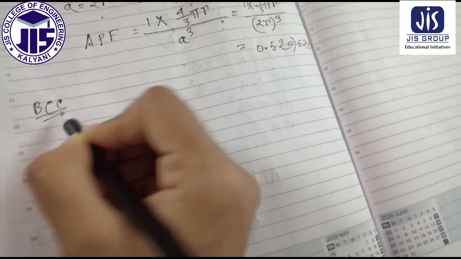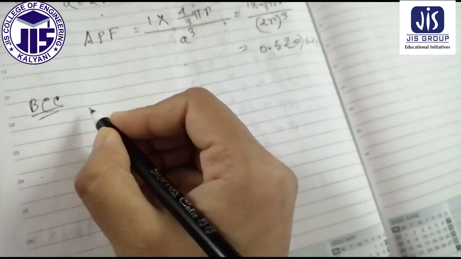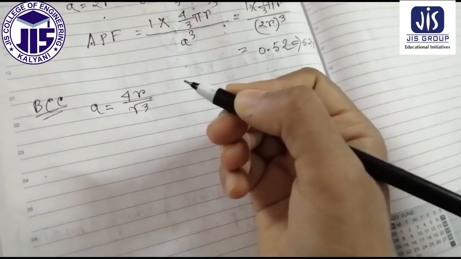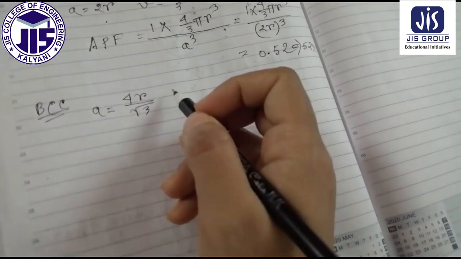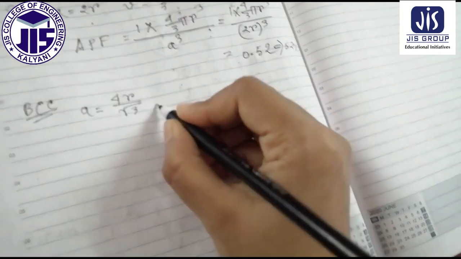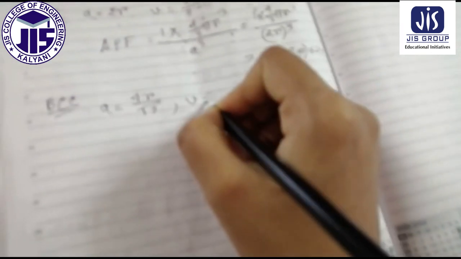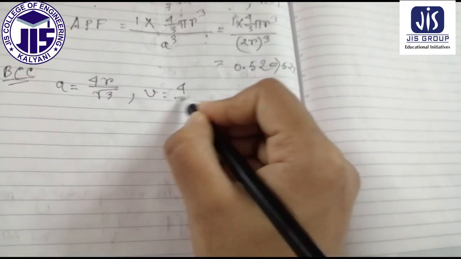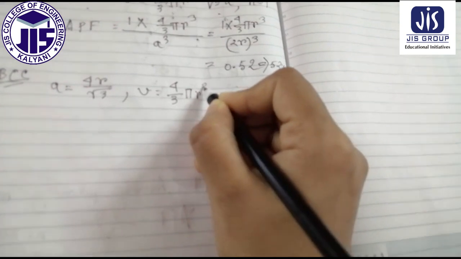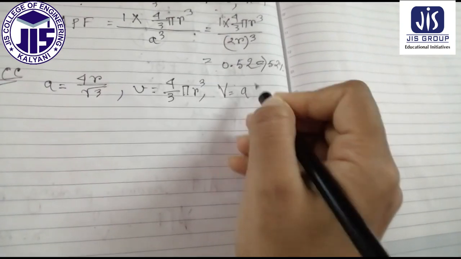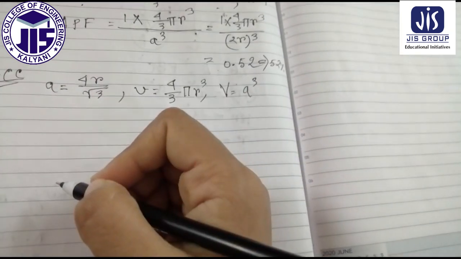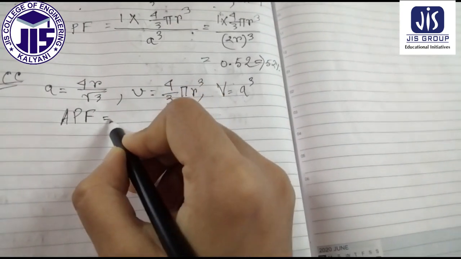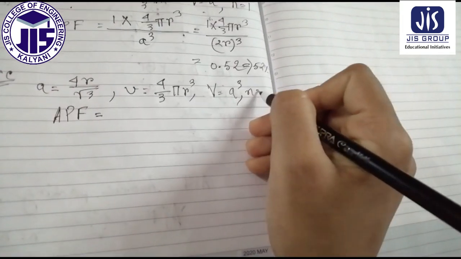For BCC, from our last class, we got a equal to 4r by root 3. This is the relation between a and r. Small v will be the same, 4/3 pi r cube. Capital V equal to a cube. Therefore APF is equal to, for BCC, small n equal to 2.